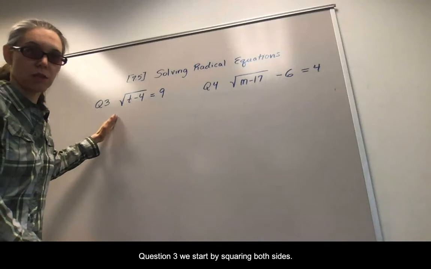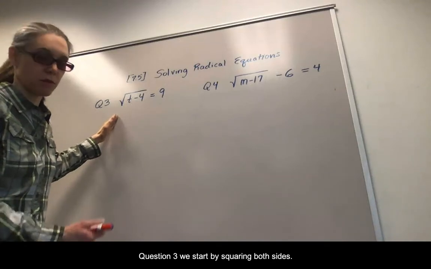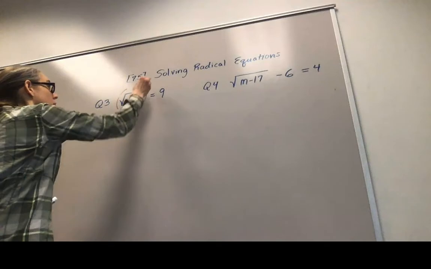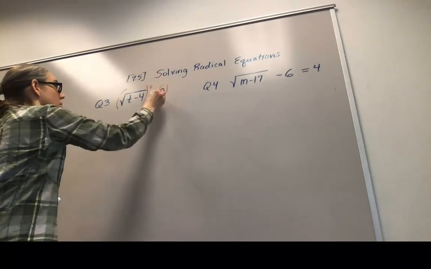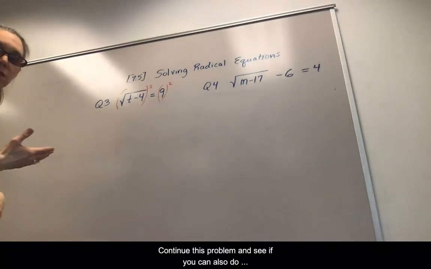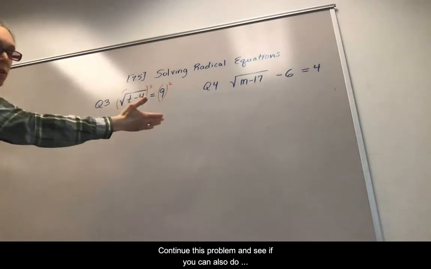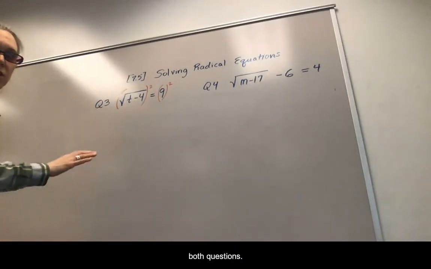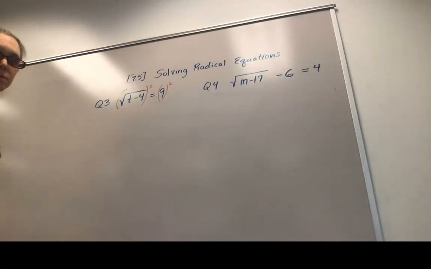For question 3, we start by squaring both sides. Continue this problem and see if you can also do question 4. So pause the video now and try both questions.